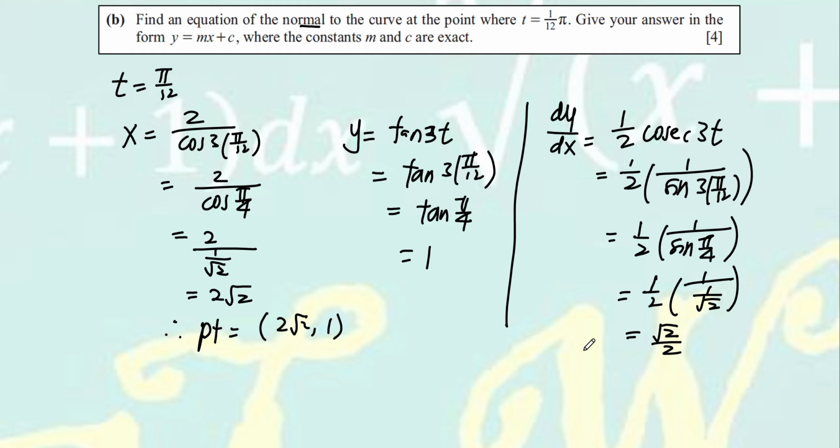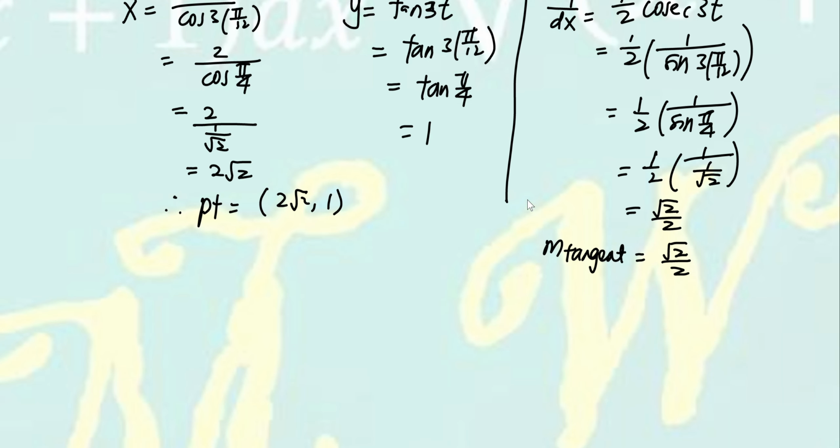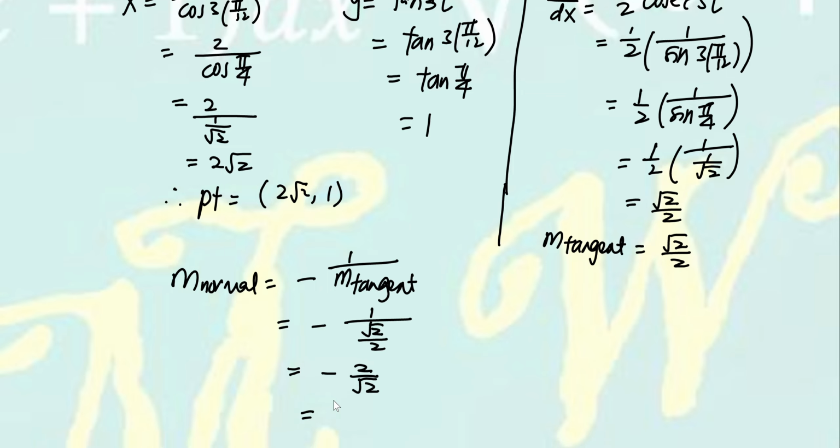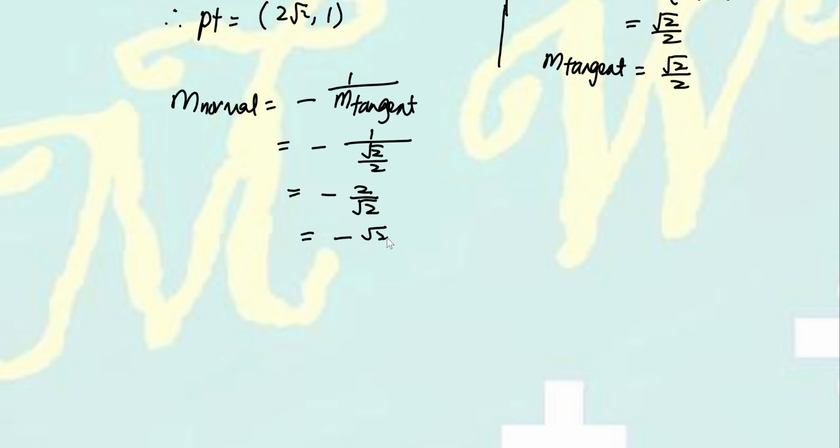Now this is the gradient of the tangent, so m tangent. The normal line is perpendicular to the tangent line, so m normal will be negative 1 over m tangent. So I'll get negative 1 over square root 2 over 2, which is negative 2 over square root 2. This can be simplified: the 2 you change to square root 2 times square root 2, then over square root 2. So at last, negative root 2.